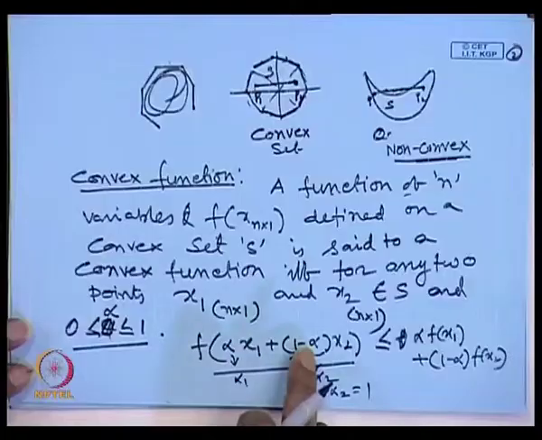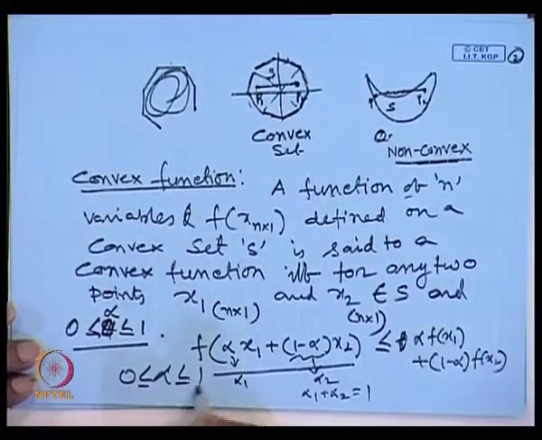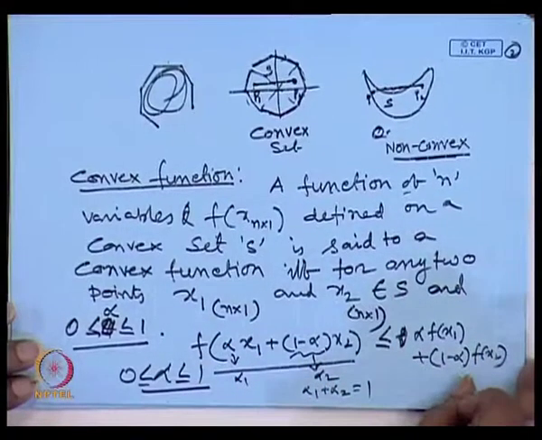When alpha is 1, it indicates the x 1 point. Alpha between 0 and 1, any value, indicates any point on the vector between x 1 and x 2. It indicates any point on that vector for any value of alpha from 0 to 1. So, if this condition is satisfied, then we will call the function a convex function in that convex set.